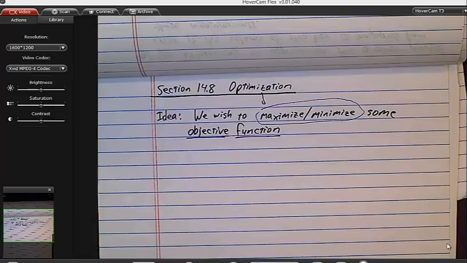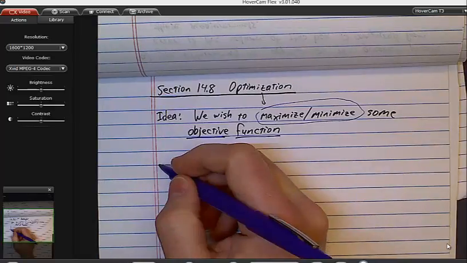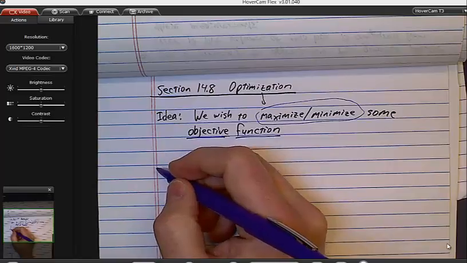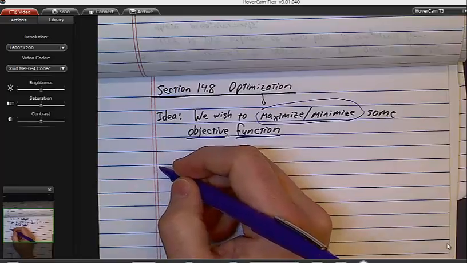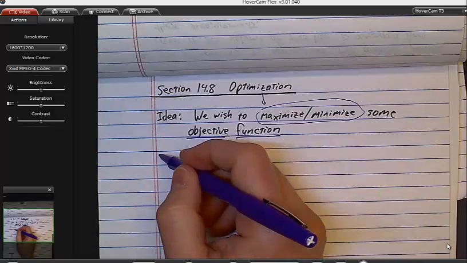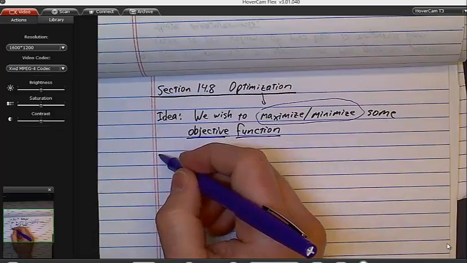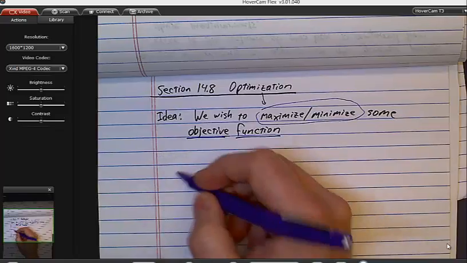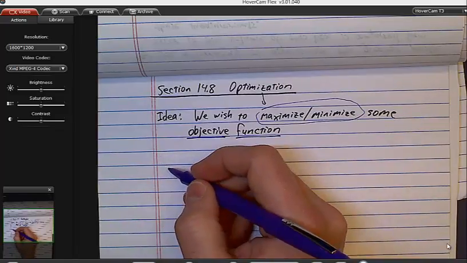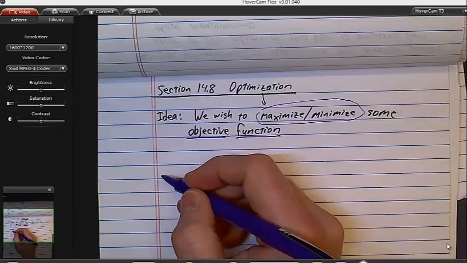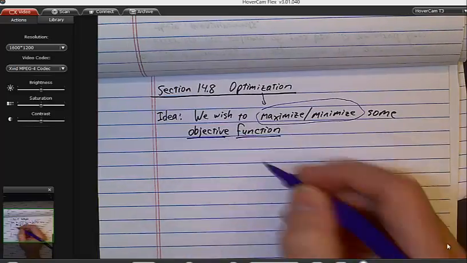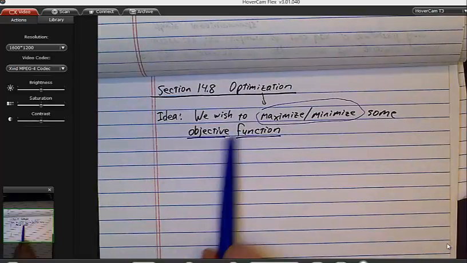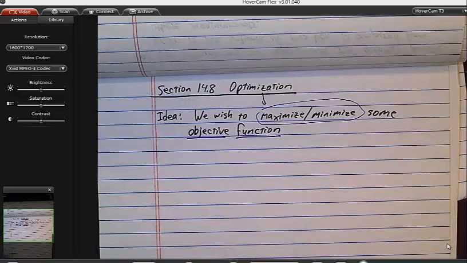So I thought it might be nice to imagine what we're going to do. Let's create, I want to talk about surface area. Well, before I do the surface area thing for objective function, I'm going to say this.